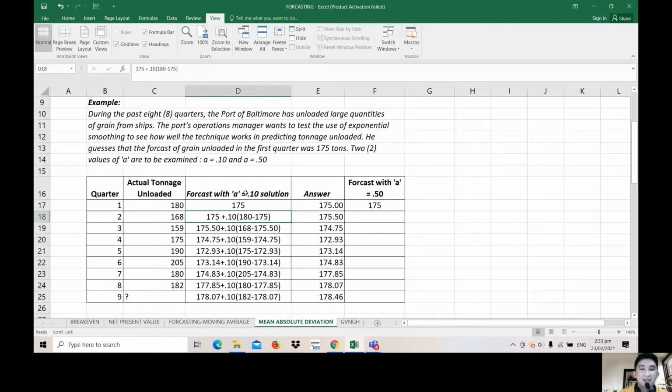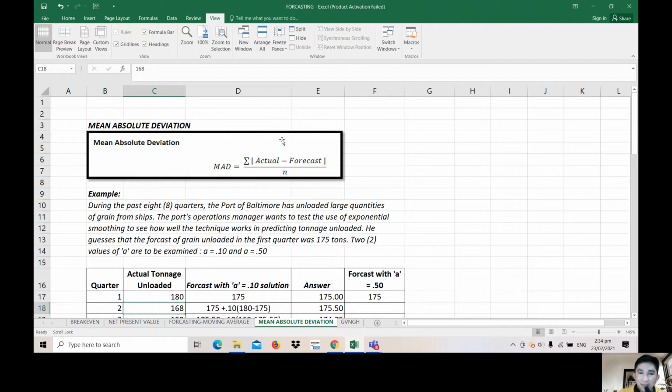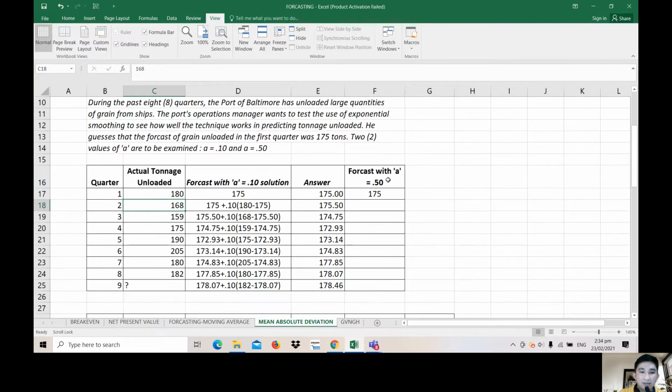The problem says the Port of Baltimore guesses that the forecast of grain unloaded in the first quarter was 175. That is just a forecast. So the question is, what will be our forecast units on the next quarter? It is still the same: actual less forecast, over N or periods.